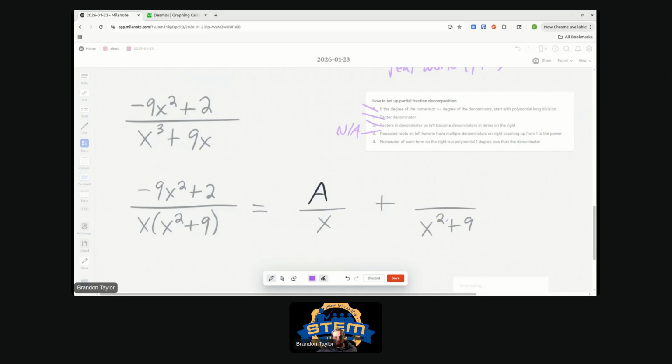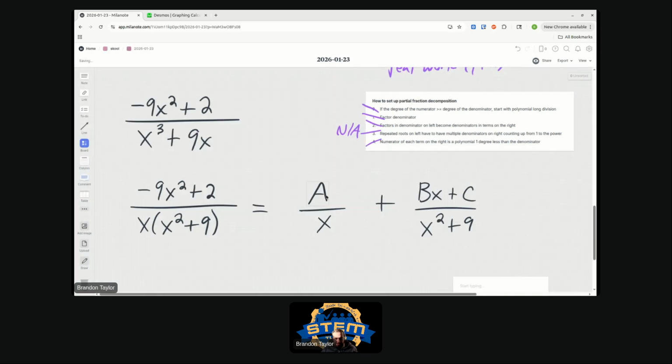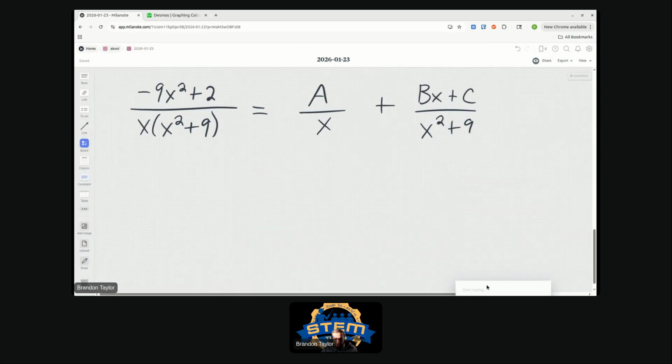What's 1 less than 2? 1. So we need a 1st degree polynomial here. In other words, like mx plus b, or I'll write bx plus c, because remember, we go to the beginning of the alphabet to grab more unknowns. So hopefully that makes sense. So that's step 4. Now we've successfully set up the partial fraction decomposition here.